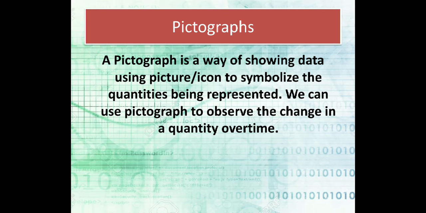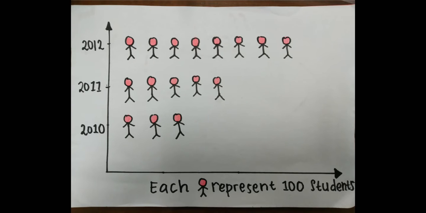And the next is pictograph. Pictograph is a way of showing data using pictures or icons to symbolize the quantities being represented. We can use pictograph to observe the change in a quantity over time. You can see the example of pictograph in here.